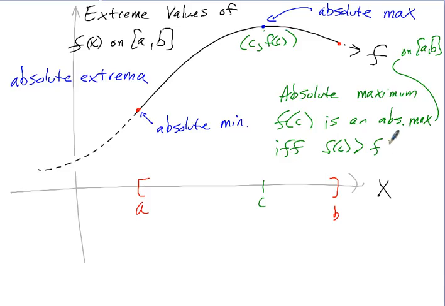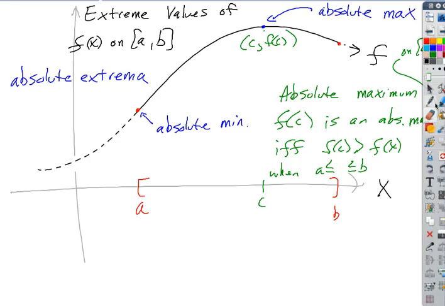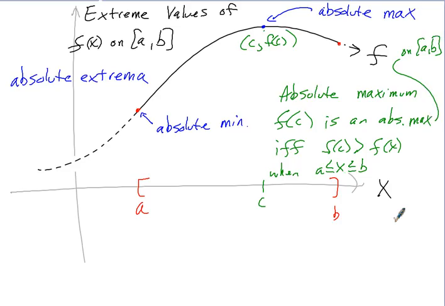How about if we said f of C is greater than f of x when x is greater than or equal to A and less than or equal to B? That's supposed to be an x, not a C. Where x is contained in the closed interval between A and B, then f of C would have to be greater than all values of f of x other than C itself.